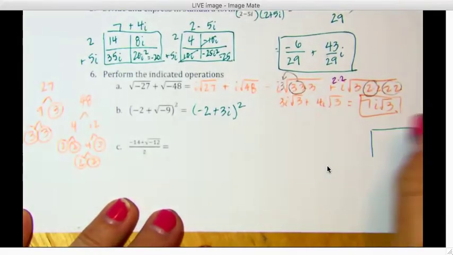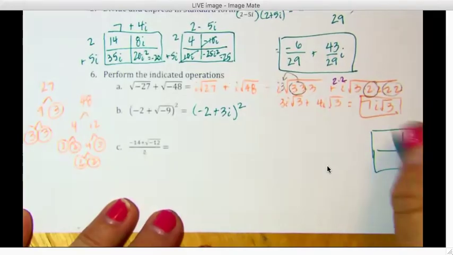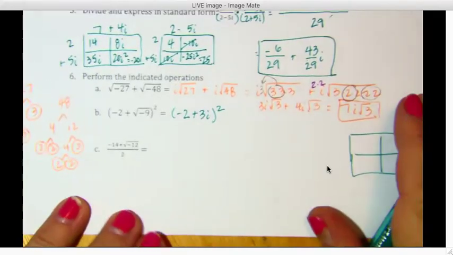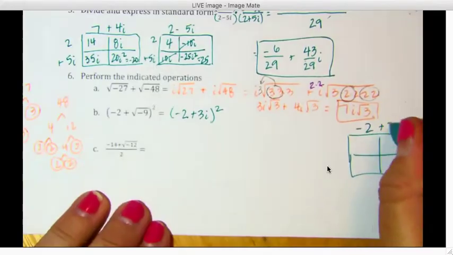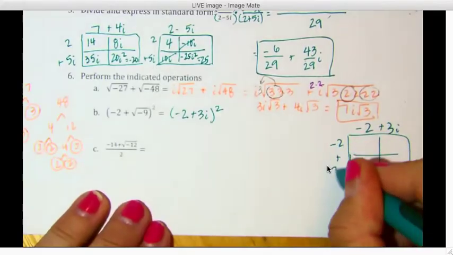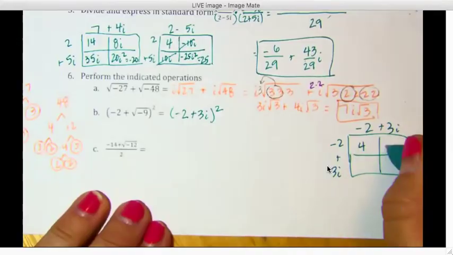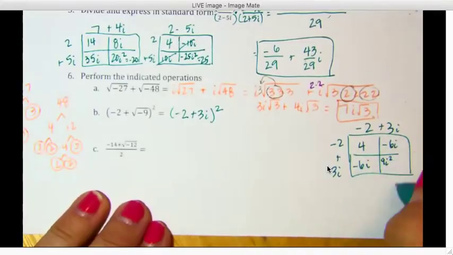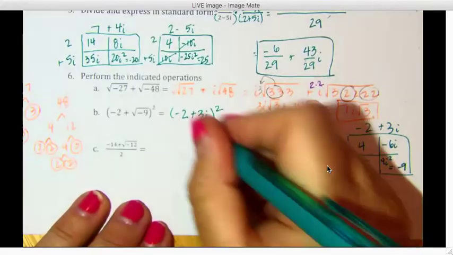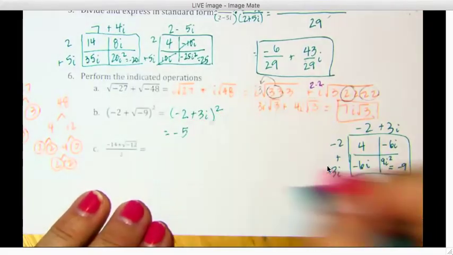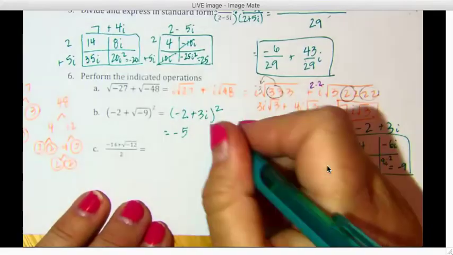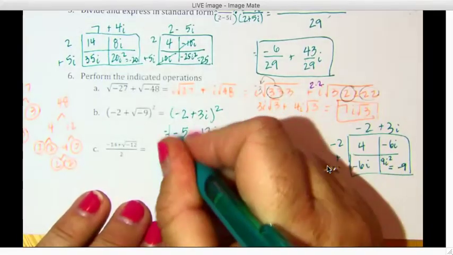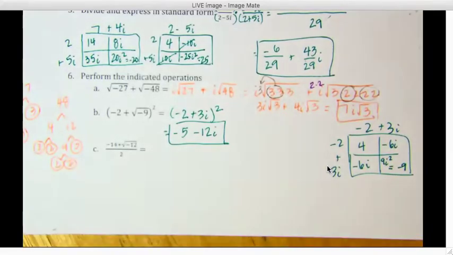So I can do a box, and I have negative 2 plus 3i, negative 2 plus 3i, that becomes 4, negative 6i, negative 6i, and 9i squared. i squared is negative 1, so this becomes negative 9. So negative 9 and 4 gives me negative 5, and negative 6i and negative 6i is negative 12i. That would be my answer.